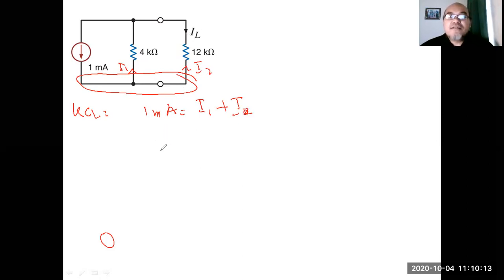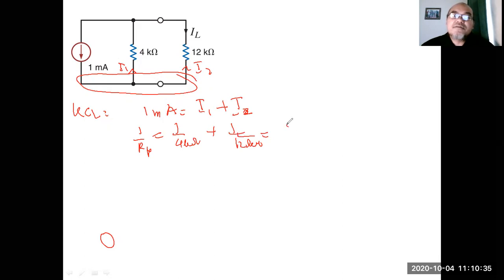Then for the current flowing through I2, you have to calculate from the voltage first. First, you calculate the parallel resistors of these two: 1 over Rp equals 1 over 4 kilo ohm plus 1 over 12 kilo ohm.